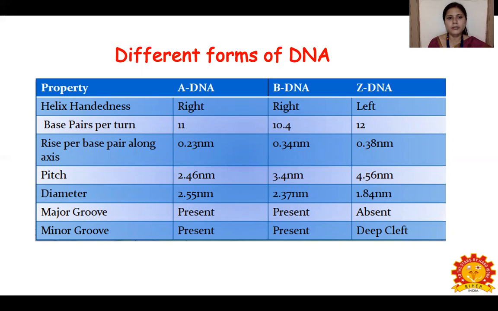Diameter: A-DNA 2.55 nanometer, B-DNA 2.37 nanometer, and Z-DNA 1.84 nanometer. Pitch: A-DNA 2.46 nanometer, B-DNA 3.4 nanometer, Z-DNA 4.56 nanometer. The major groove is present in A-DNA and B-DNA, but it is absent in Z-DNA. The minor groove is also present in A-DNA and B-DNA, but a deep cleft is present only in Z-DNA.